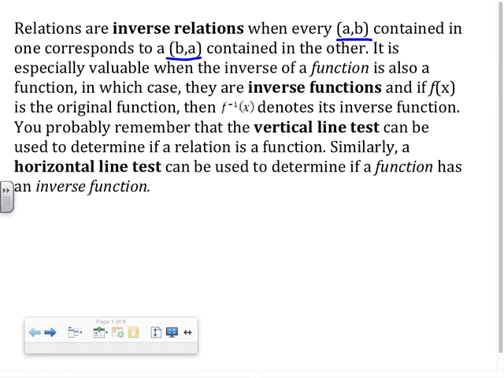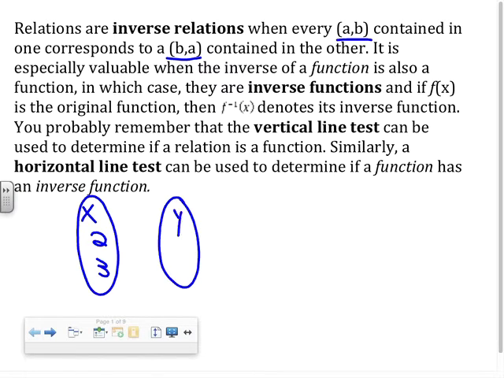So for example, if I have a function or a relation where my x bubble includes 2 and 3, and my y bubble contains a 1 and a 5, and I know that the 2 goes to the 1 and the 3 goes to the 5.